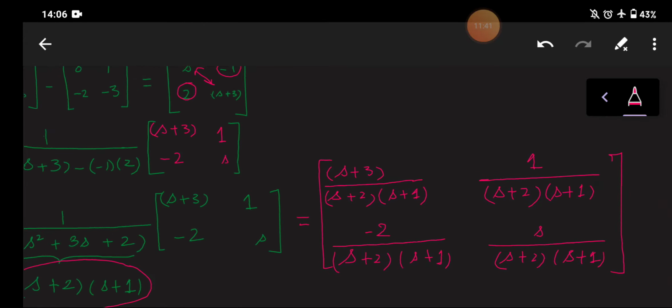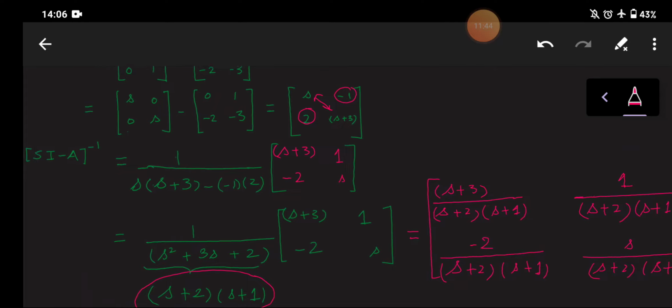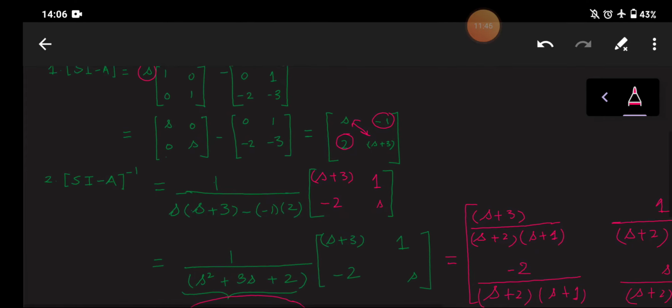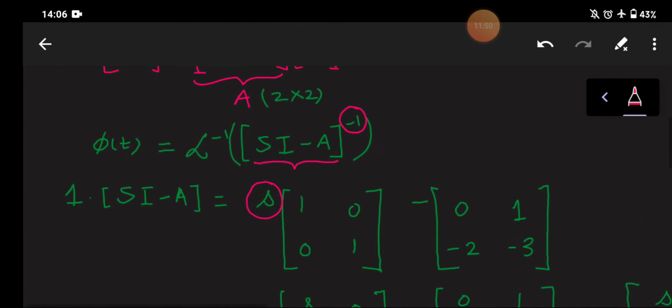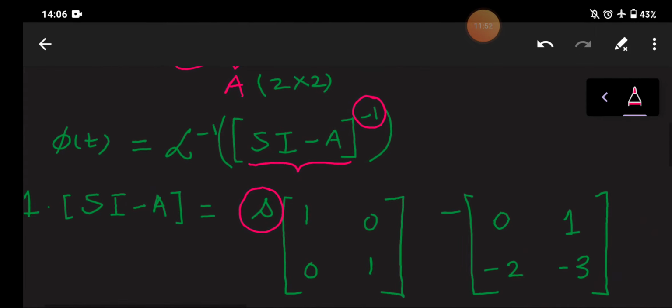Okay, so till now you can see that to determine phi t, we have calculated SI minus A inverse. Okay, so within the brackets SI minus A, that is a matrix, and its inverse we have calculated. The next step is to determine the Laplace inverse for this whole matrix.